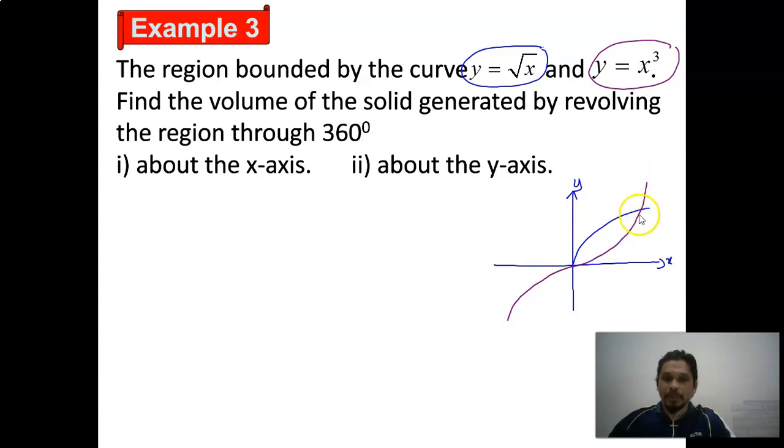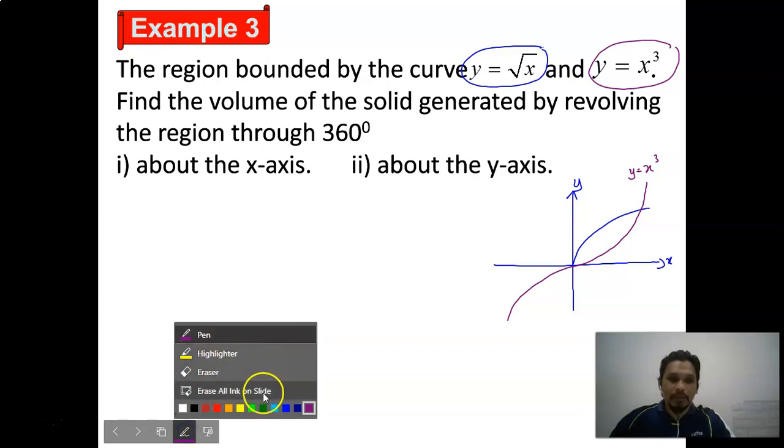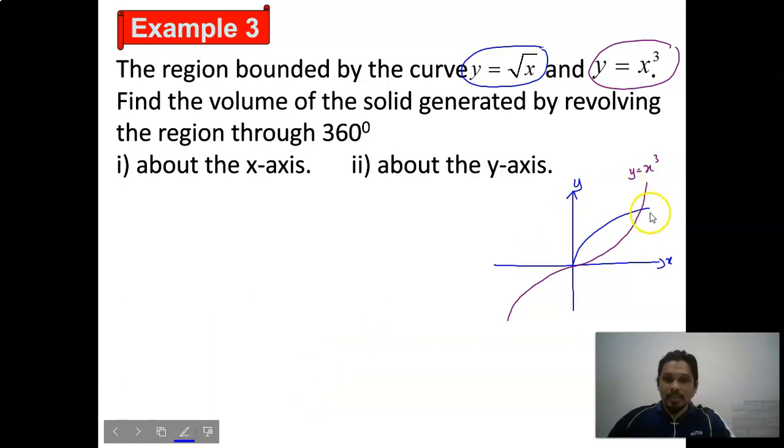There you go. This is y equals x cubed, and the blue ink graph here represents y equals square root of x. So there is an area between these two curves, the blue curve and the purple curve. There's an area bounded by these two.